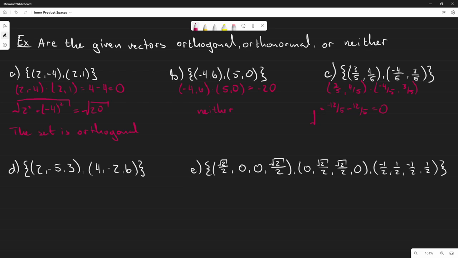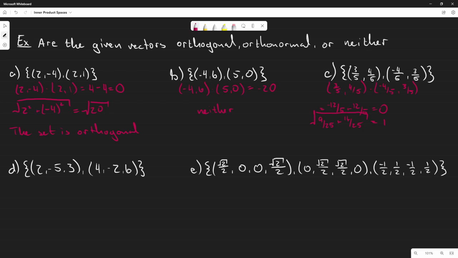And so the first one is going to be 9/25 plus, not 4, 16/25 under square root, and that is going to be equal to 25/25, or 1.